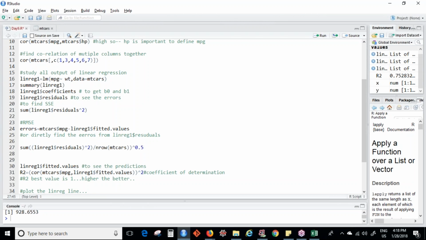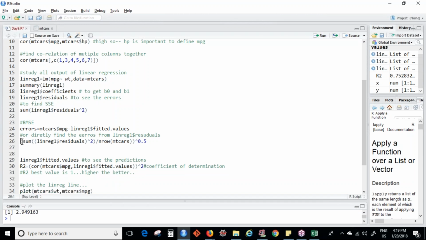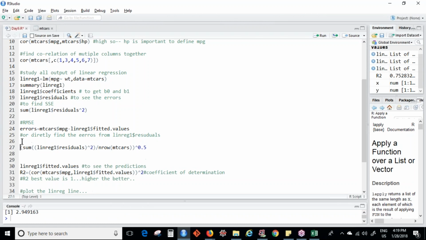Root mean square error. So at last I take the square root. So this is my RMSE value. It is 2.94.